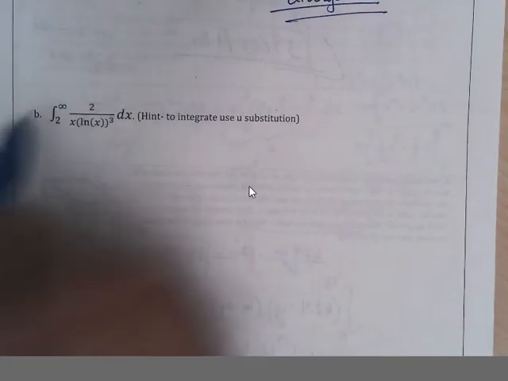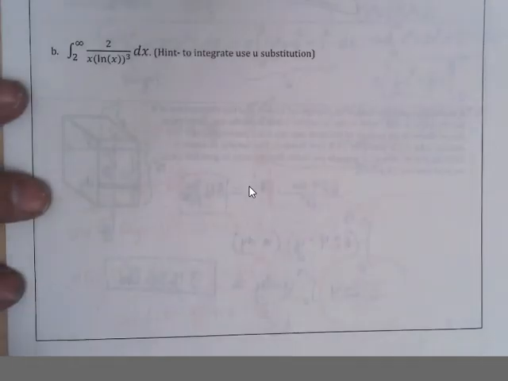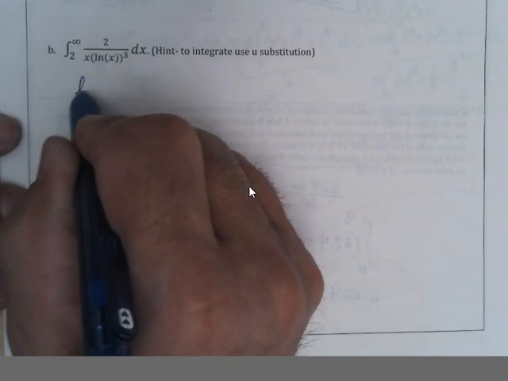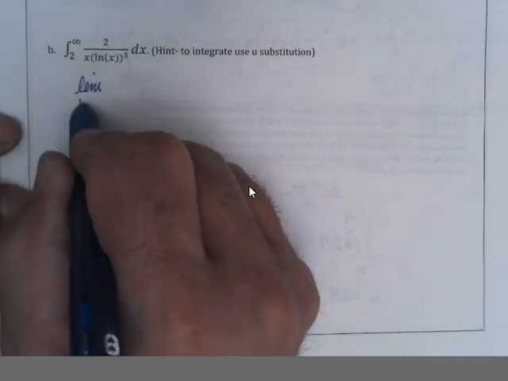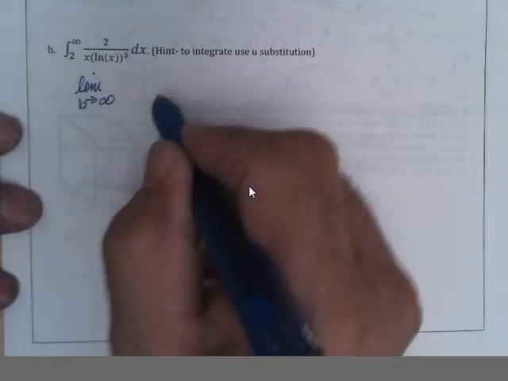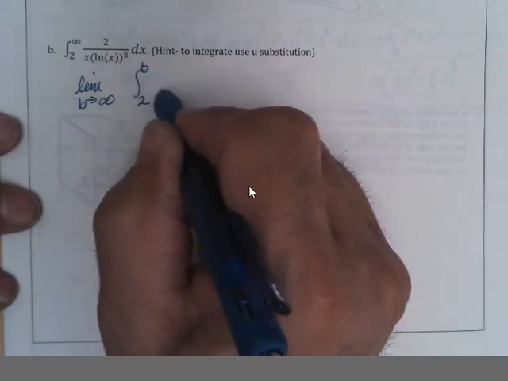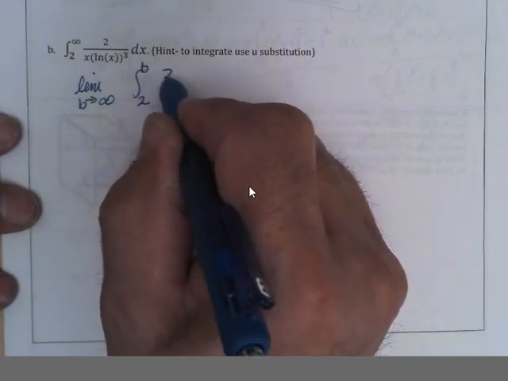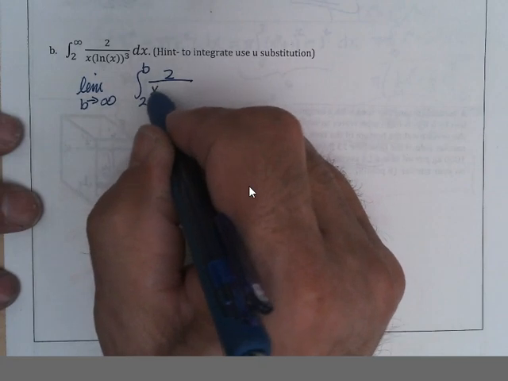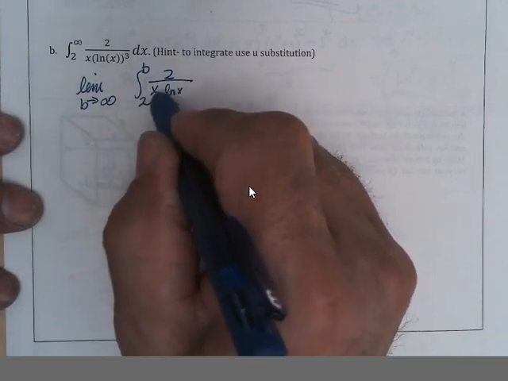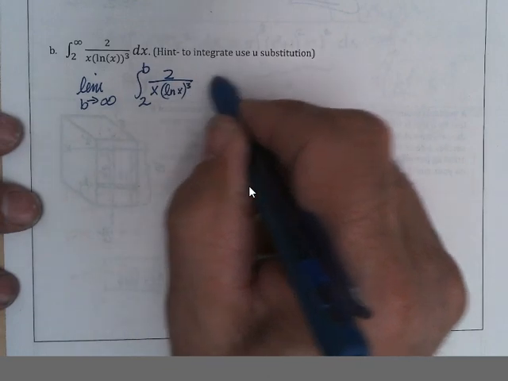And finally, we got another one. This time we're going to infinity, and that's probably the problem. And so we're going to write the limit as b goes to infinity of the integral 2 to b of 2 over x ln x to the third.